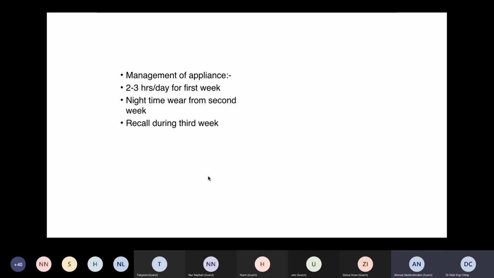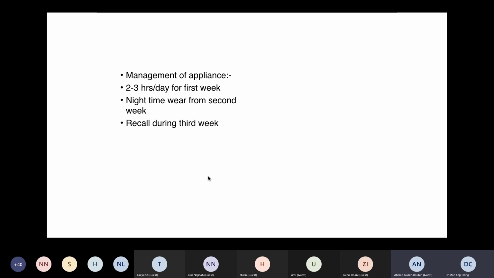So with this one, I think there are a lot of arguments. Some specialists or general practitioners prefer to start the patient with full time right from the beginning. Because whenever you tell the patient to start with maybe 2 or 3 hours, they will take it for granted. Maybe they're not wearing it. But if you tell them full time from the beginning, then maybe you can get half a day or a few hours of wearing during the daytime.